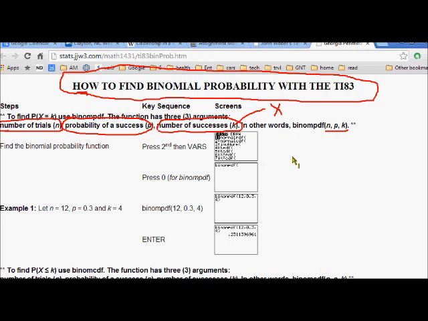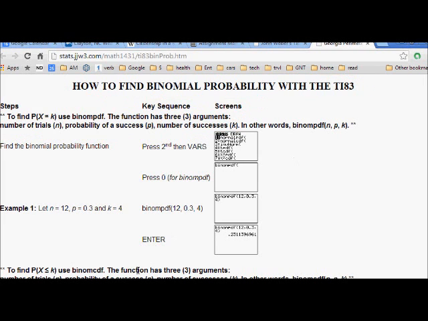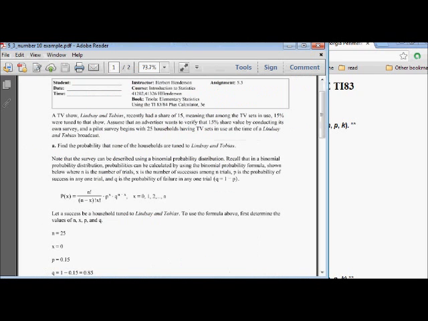All right. So let's go back to the problem. I'm going to go through the example for this using the calculator. I will not do the last section. I'm going to leave the conclusion part for you to go through. But here we go. So here's the problem.